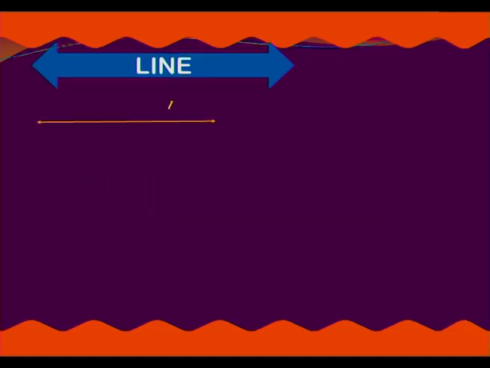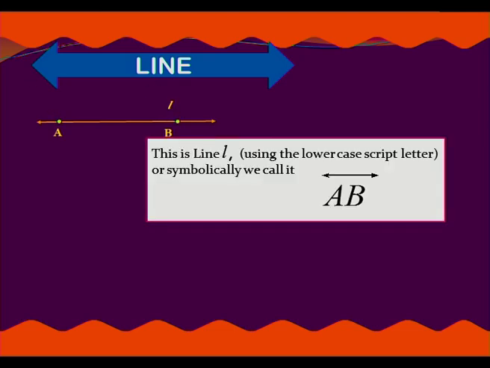Understand? The 2 points A and B are on the line. So, that is the original notation of the line. This is line L. We can indicate the line with a small letter, or symbolically we call it line AB or line L.